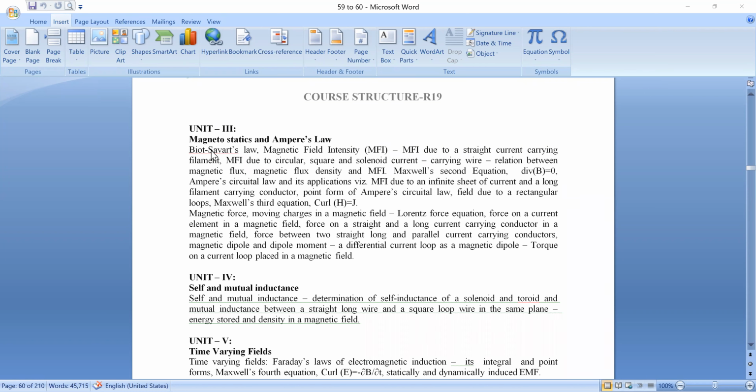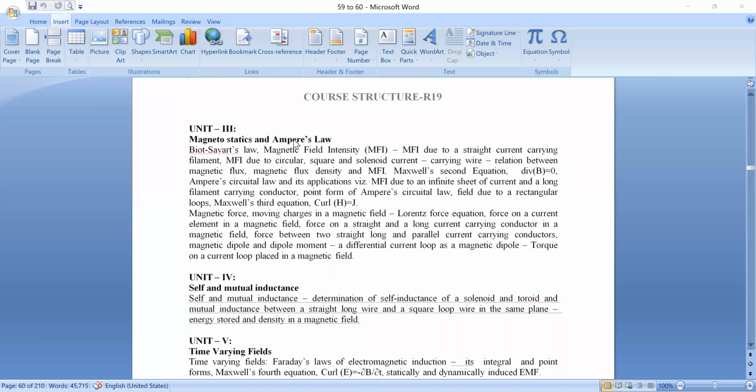Then what is the magnetic field in different cases, that is discussed in the chapter.